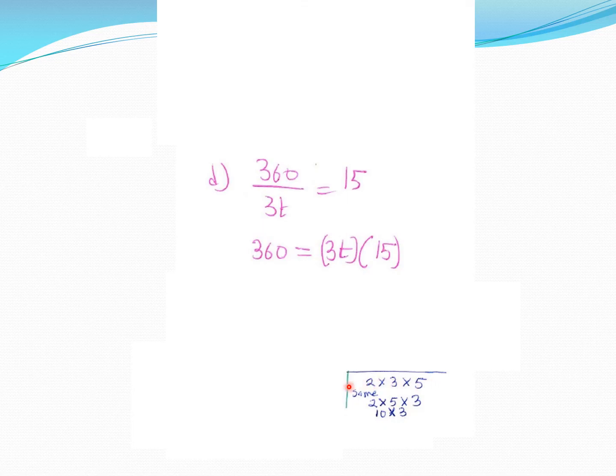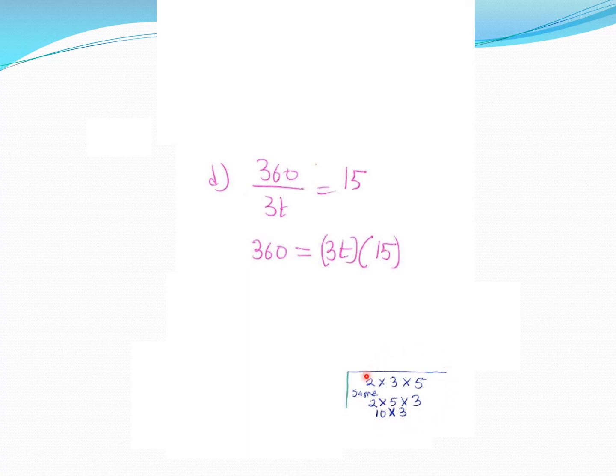The order in which we write the numbers doesn't matter. 2 times 3 times 5 is the same as 2 times 5 times 3. Just for example, we swap the order of the 3 and the 5. Now you see we've got 2 times 5, that's the same as 10. So we can actually write the expression as 10 times 3.